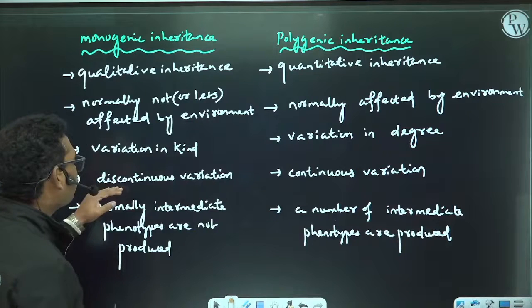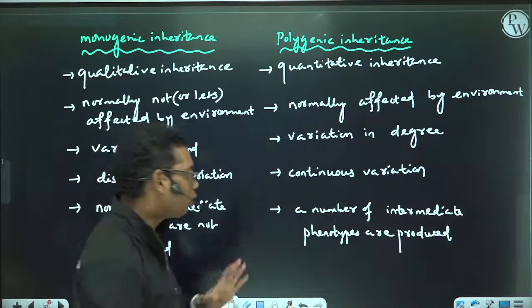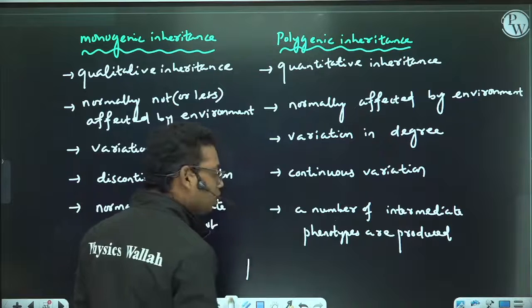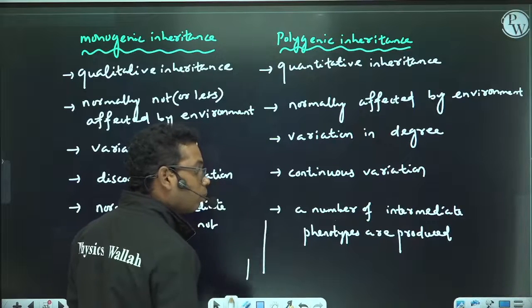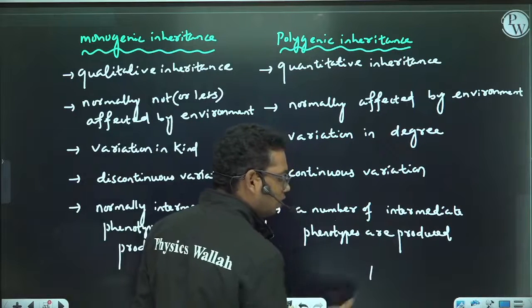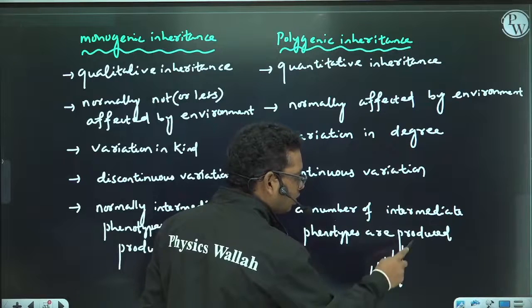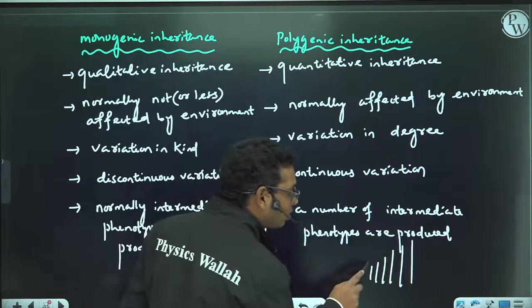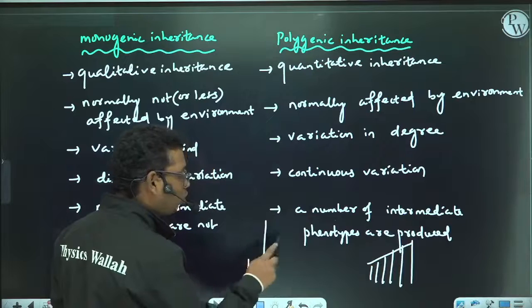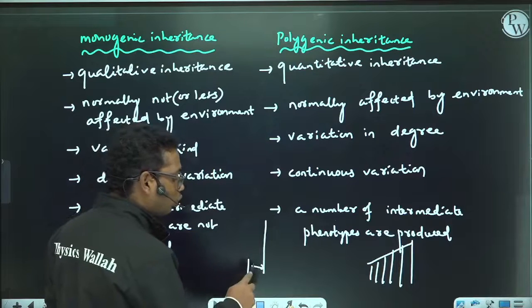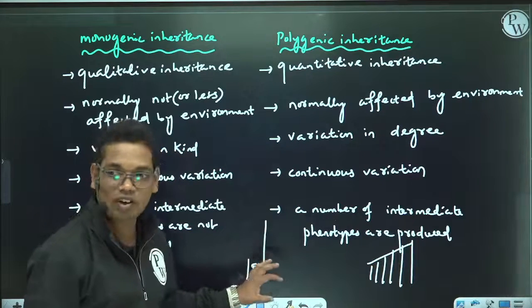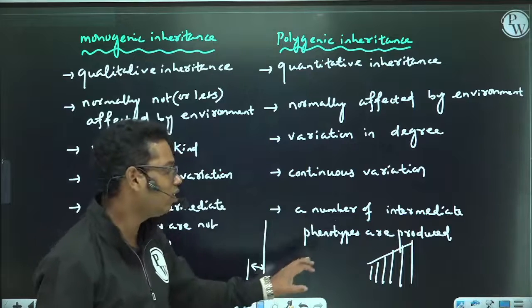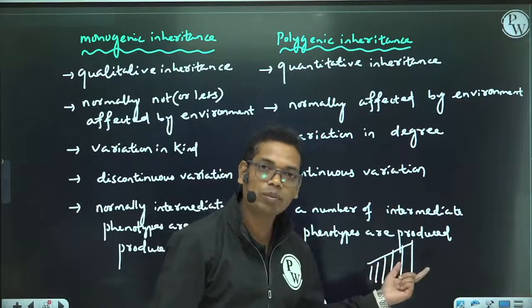And this shows discontinuous variation. Why? Because the plant is either 1 meter or 6 meter. There is no intermediate value here. But in this case, individuals will be of this side, this side, this side, and a number of intermediate values are present.